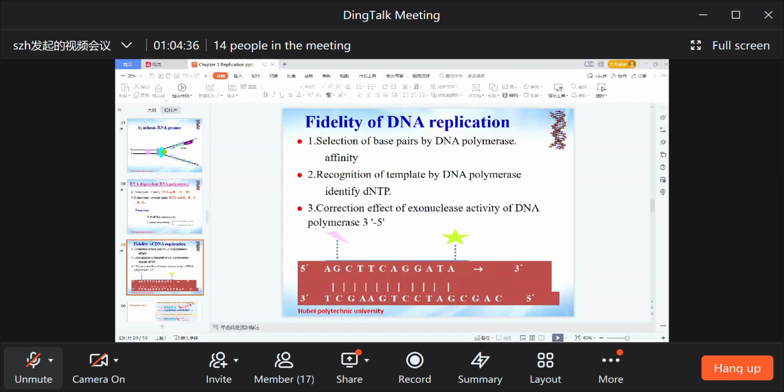And last, you can see termination. Here, I emphasize to my students the initiation, the elongation, and the termination. In order to study more easily, we divide it into 3 stages.